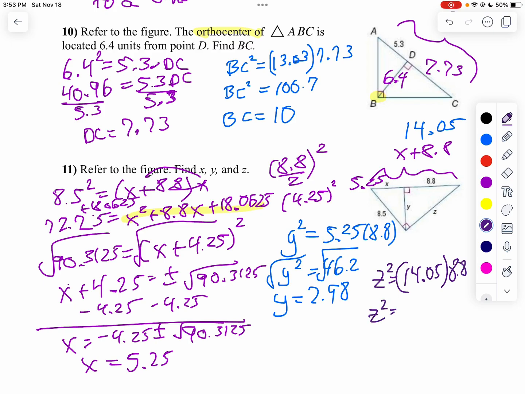So in other words, z squared, if I take 14.05 times 8.8, I get about 123.64. Take the square root of that, and I get about 11.12.